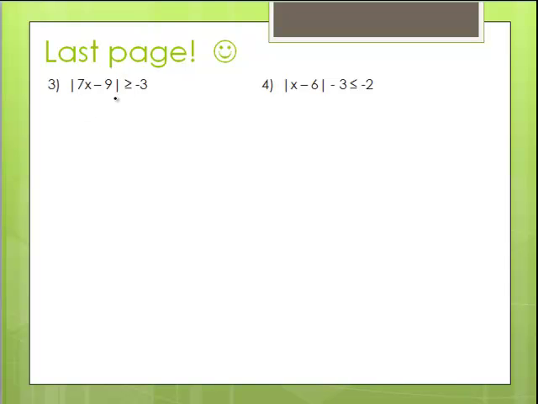We have absolute value of something greater than or equal to -3. When you take the absolute value of something, what kind of number do you get? You get a positive number, right? So no matter what is inside there, aren't you always going to get a positive number?